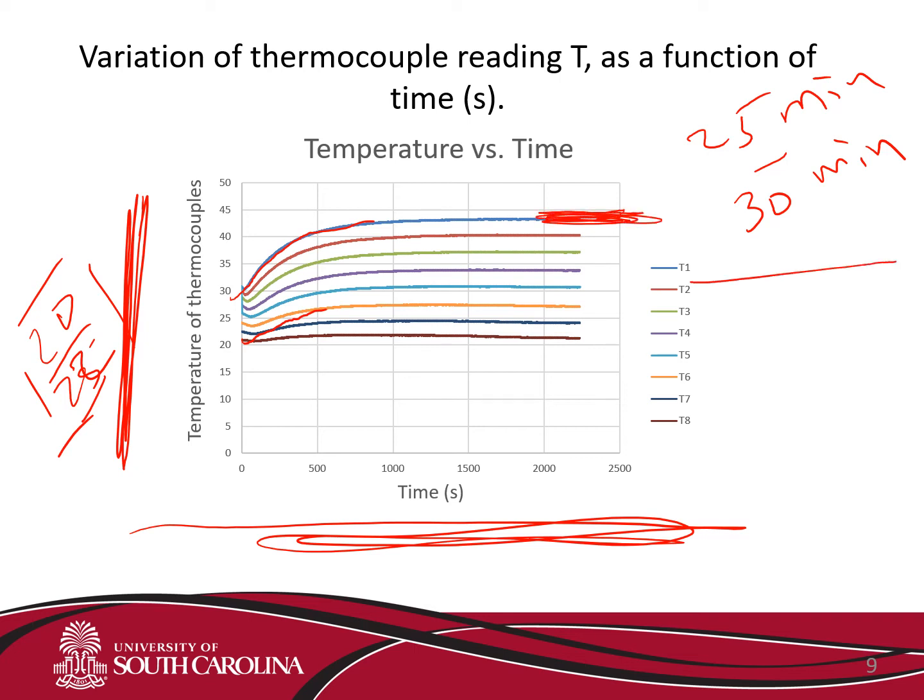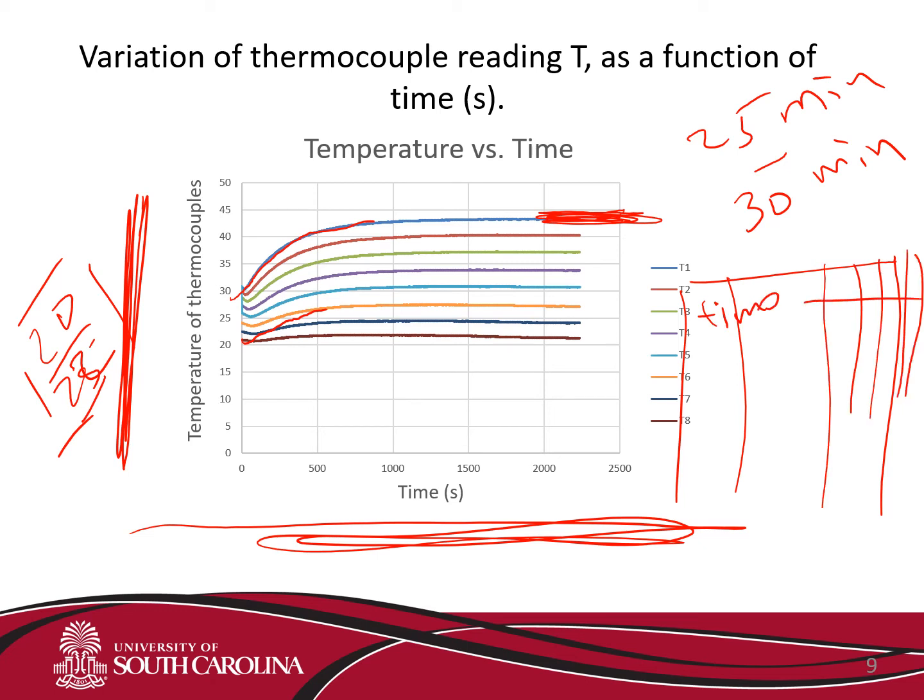You have them in a text file. I will send you the text file. You have the temperature with the time, and you have T1 and T2 and T3 and so on. You need to find the final value from the text file that I will send to you.